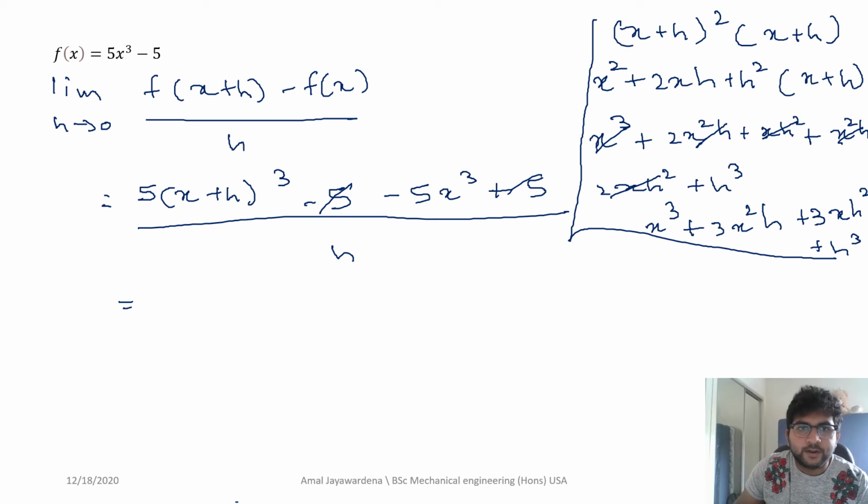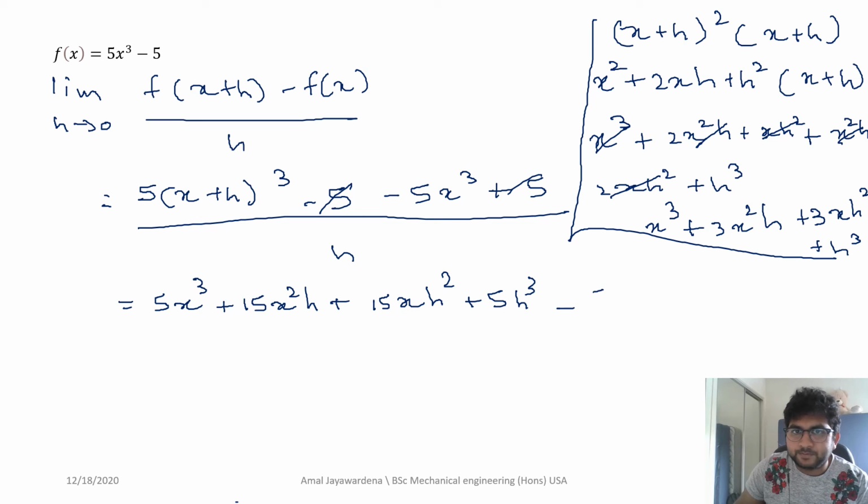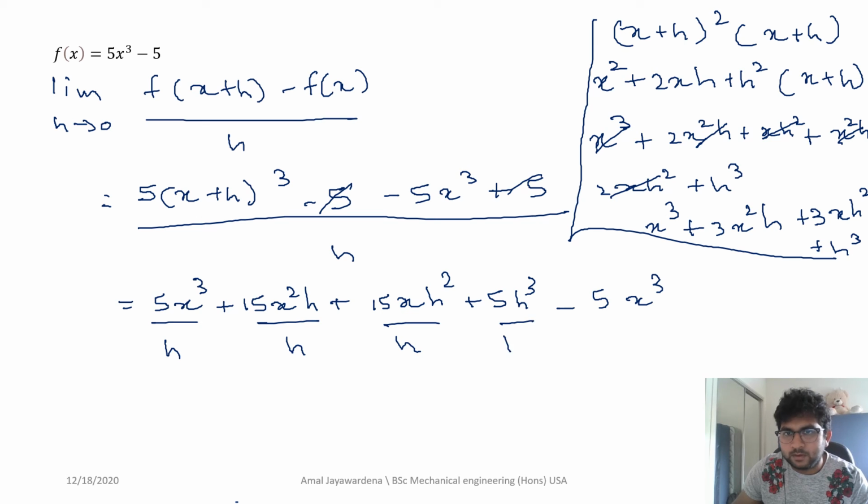So this is going to end up having, everything has to be multiplied by 5, so 5x cubed plus 15x squared h plus 15x h squared plus 5h cubed, minus 5x cubed, which has to be divided by h. Okay, so these two are going to cancel out.